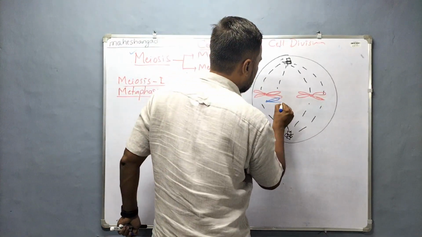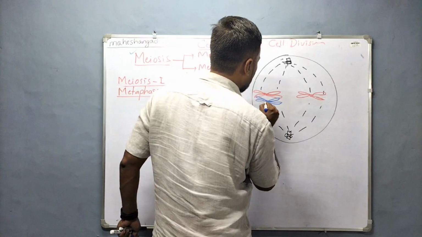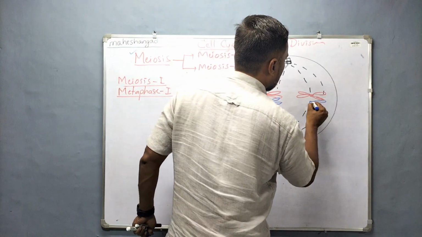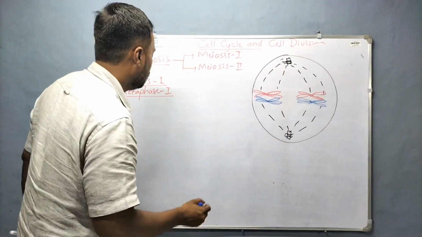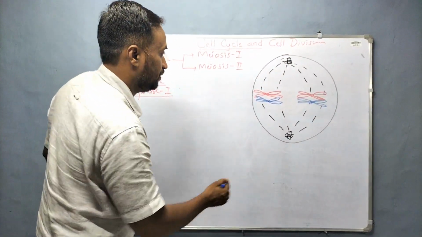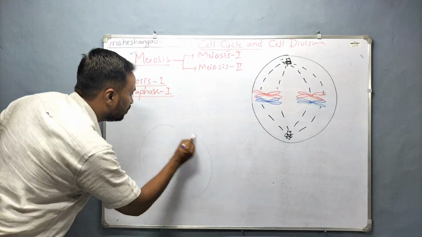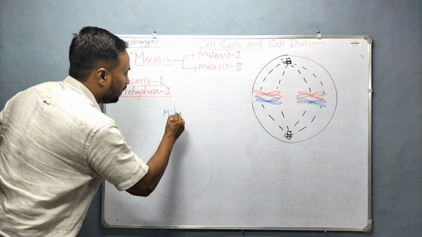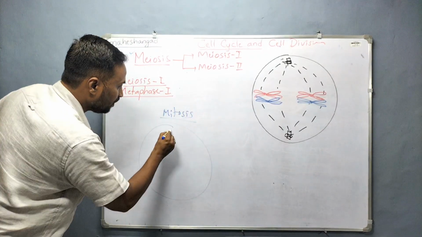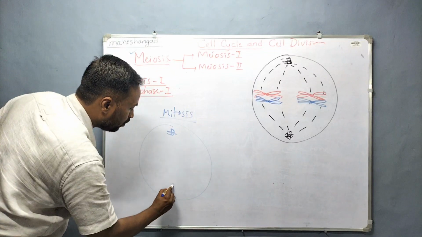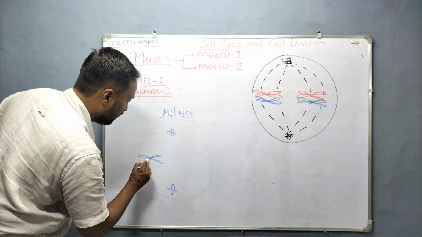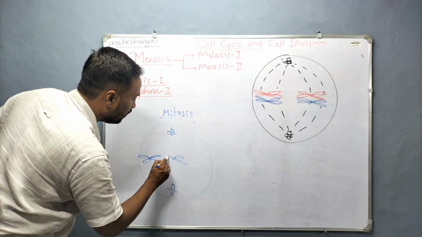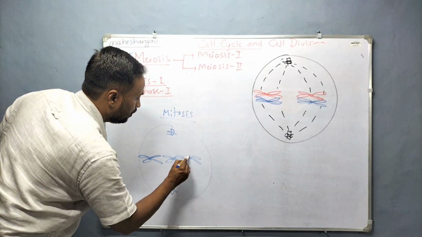This is how a tetrad comes and lies on the central equatorial plate. Observe one important change. During mitosis, all the chromosomes, however many there are, come on the central equatorial plate.